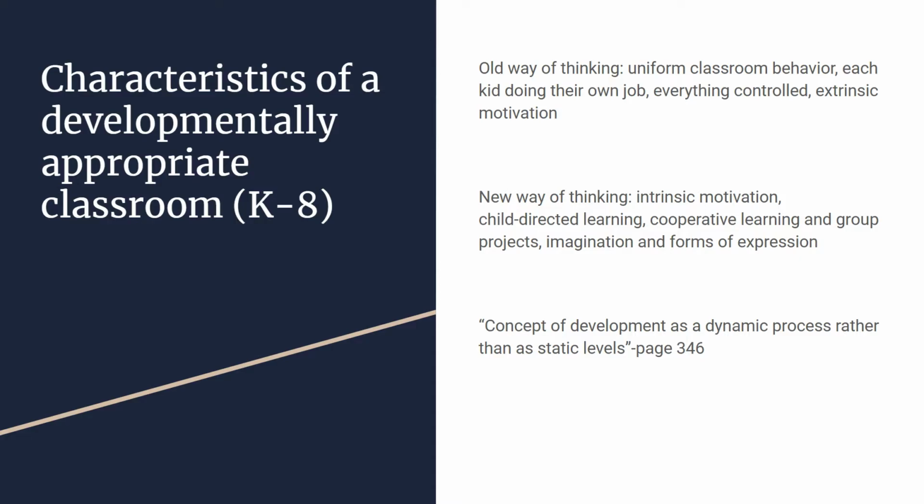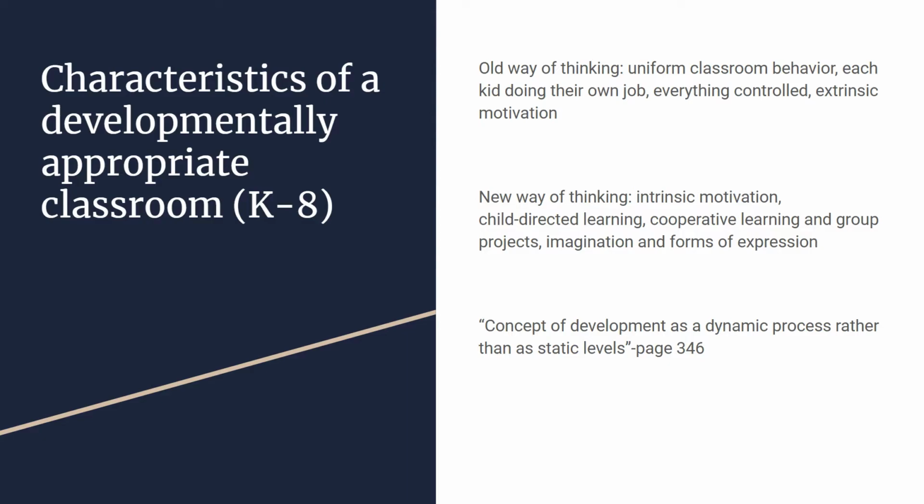Secondly, this came down to child-directed learning, where you want the child to direct the methods and the direction they're going, and not just constantly be reactive to the teacher. This also incorporates cooperative learning and group projects. It's easier to teach people how to work together when they're younger and in this more transformative phase, whereas if you just teach them how to work by themselves, and then when they finally get older they have to work in a group, it's going to be incredibly hard.